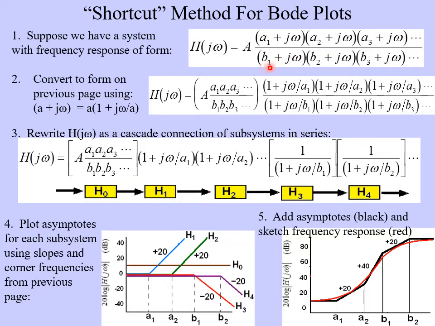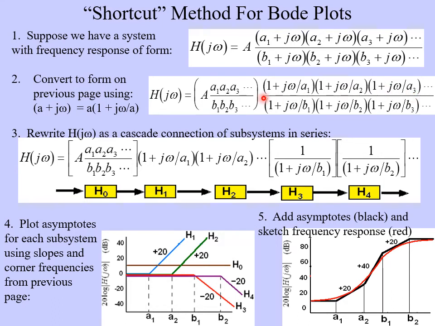Likewise, down in the denominator, we can do the same thing. This term, B1 plus j omega, pull out the B1, and we have 1 plus j omega over B1. Next term, B2 plus j omega, pull out the B2, and we have 1 plus j omega over B2. And again, repeat this as needed until all these terms look like this form here.